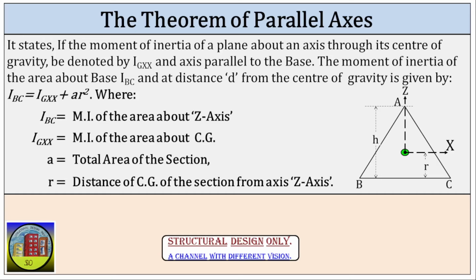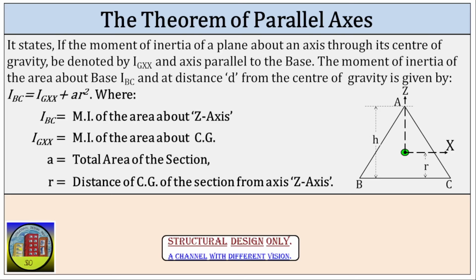The theorem states that the moment of inertia, IBC, of the area about an axis BC, parallel to the first axis through the center of gravity G, and at a distance d from the center of gravity, with total area of the section a, can be found using the following formula. IBC equals IGXX plus A into D square, or IGXX equals IBC minus A into D square.